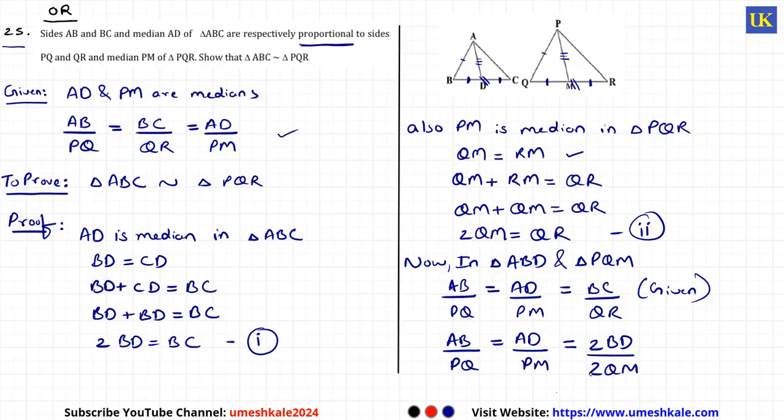I am writing this from equation 1 and 2, that is what we have proved. According to 1 and 2, I have changed BC and QR here, and I will cancel this 2 and 2 now. I will write this once again on the next page.